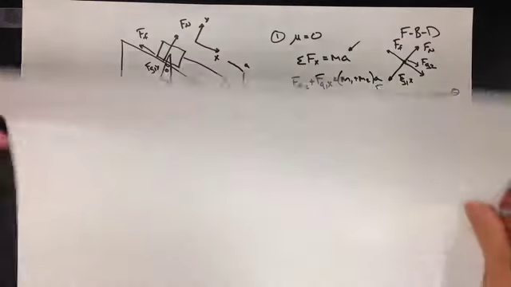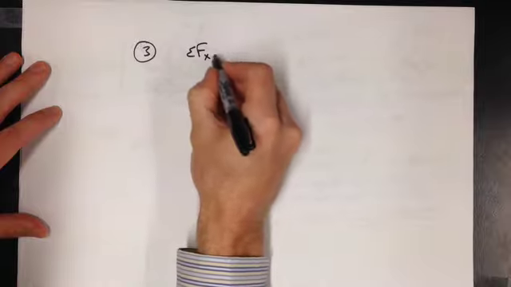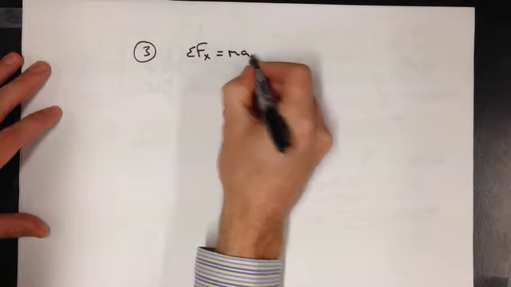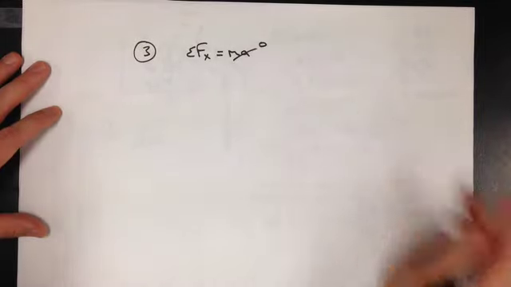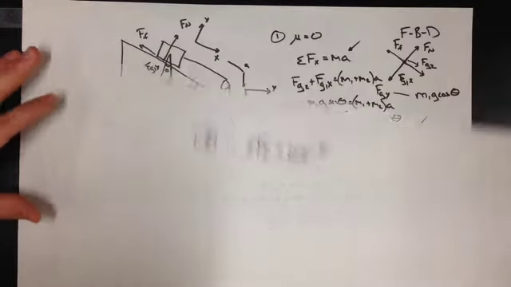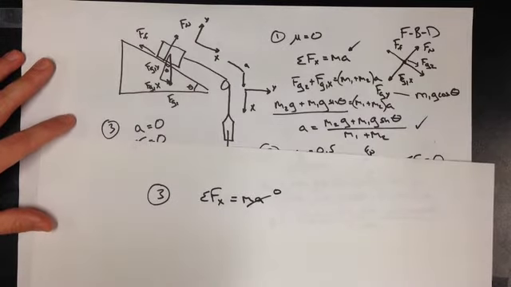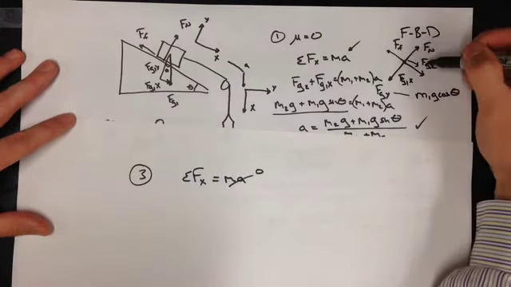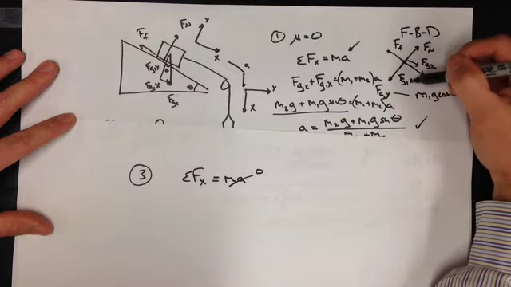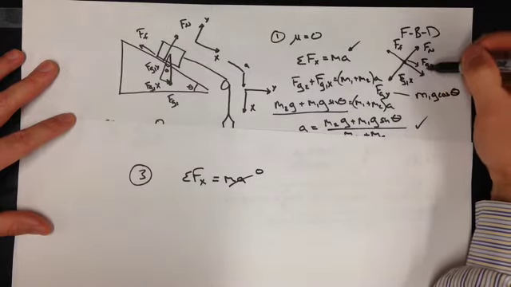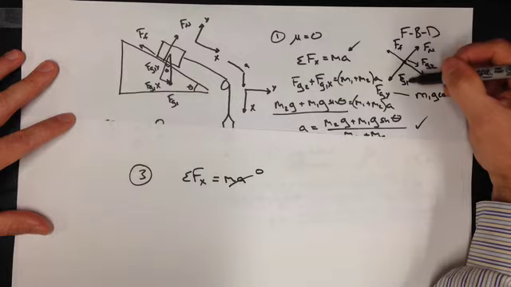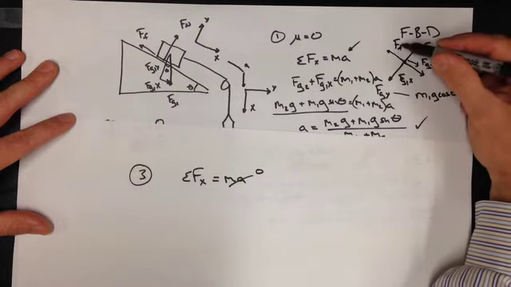Alright, so let's overlay this right here, and so then we end up with 3, we'd say the sum of the forces in the x direction is equal to ma, and this is 0. Well, that makes it a little bit easier. So let's see here. In the x direction, I end up with ff, fg2, fg1x. So these two, fg2 plus fg1x, is going to be equal to ff.